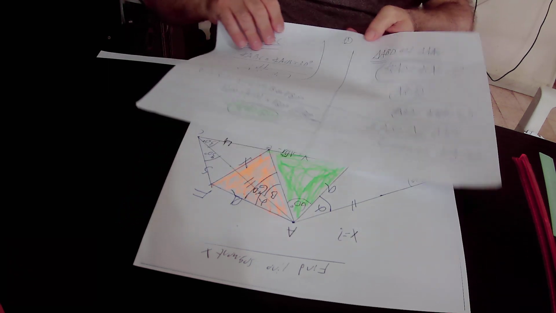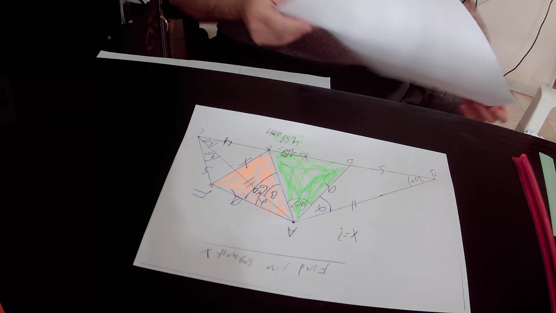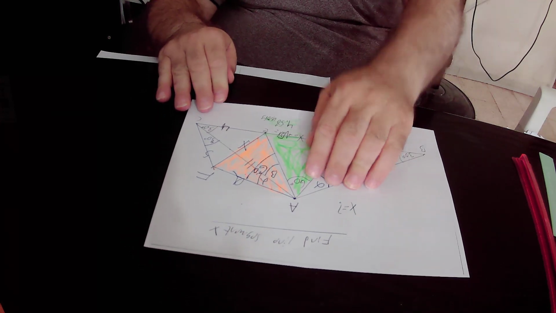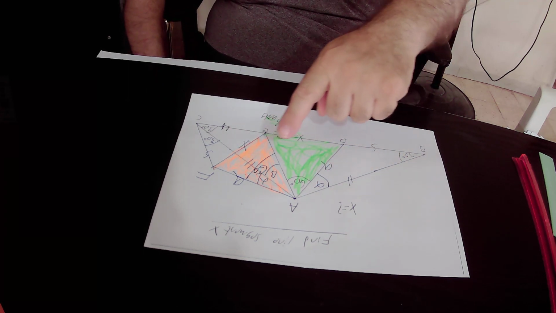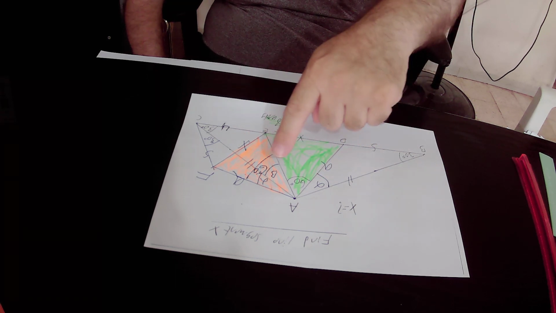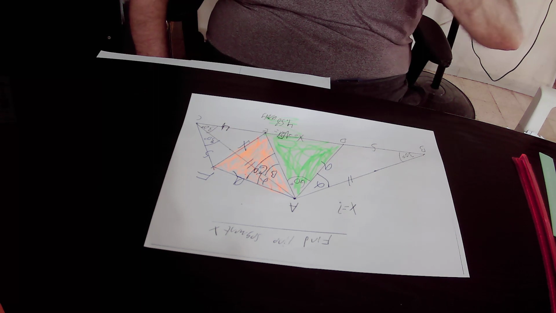Then we did a construction. From point A we draw a straight line in such a way that the angle between the straight line and side AC will be equal to alpha. So this angle equals alpha according to our construction.